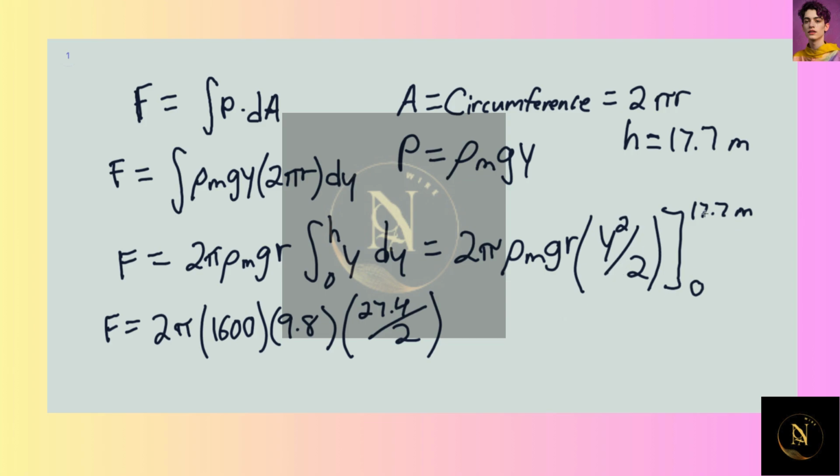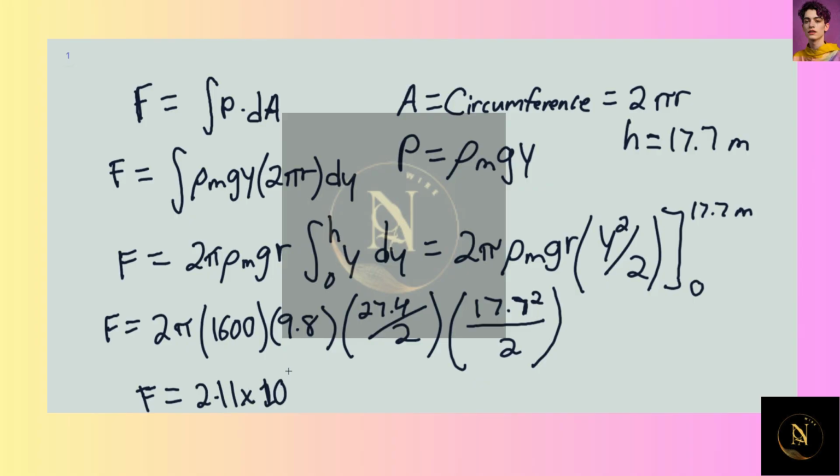But at 17.7 meters, we have 17.7 squared over 2. And solving for this, we know that the force is going to be equal to 2.11 times 10 to the 8th newtons.